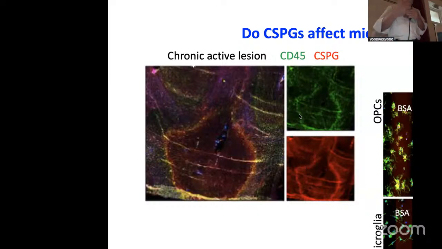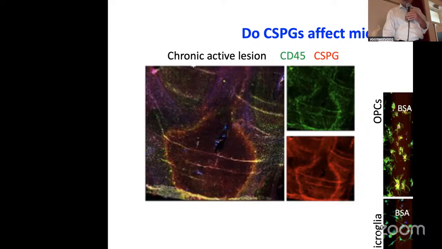So here we have CD45 positive immune cells, many of which are microglia macrophages, having shown you that data, correlating with the presence of CSPGs. And so we ask, what do CSPGs do to microglia? So unlike this example that I showed you earlier on, where the OPCs would avoid the CSPG stripe, when you put microglia on, microglia love the CSPG environment and they affix to that area.